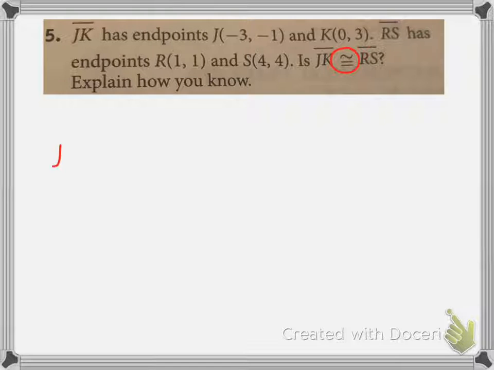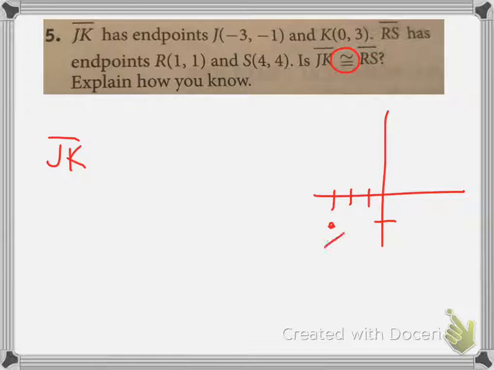So let's do JK. The line JK starts at (-3, -1) and then goes to (0, 3). You don't have to plot it, but I'll plot it just so we can visualize it. So -3 on the x, and then -1 on the y.